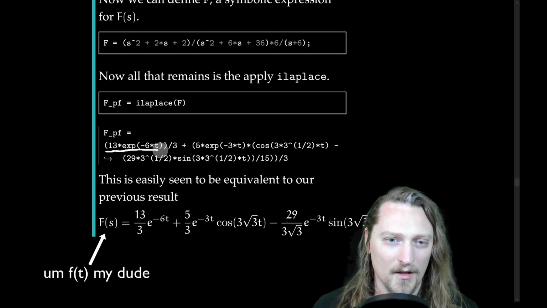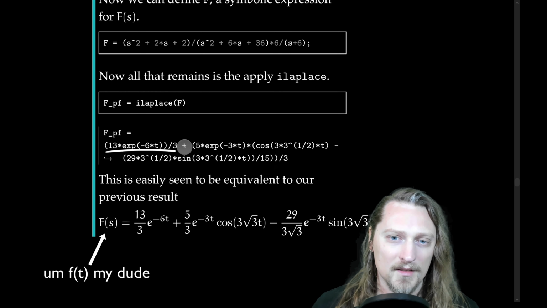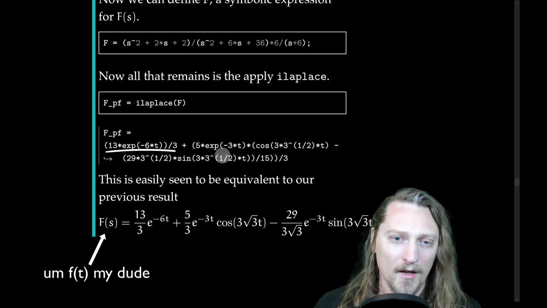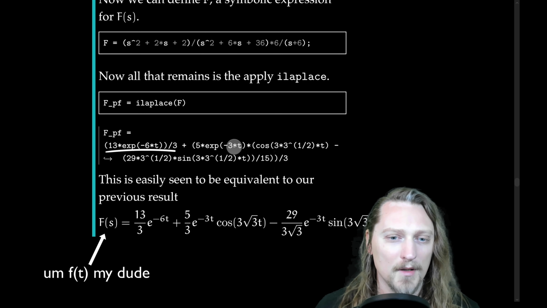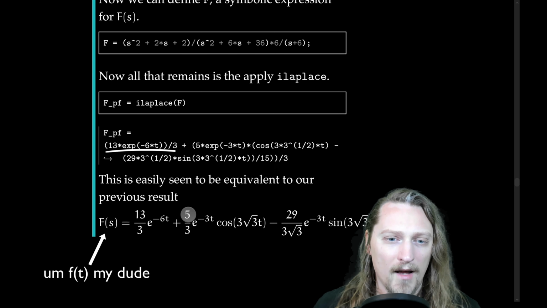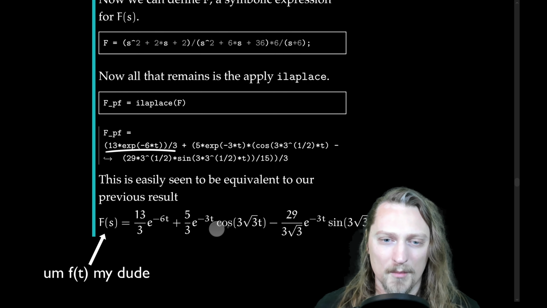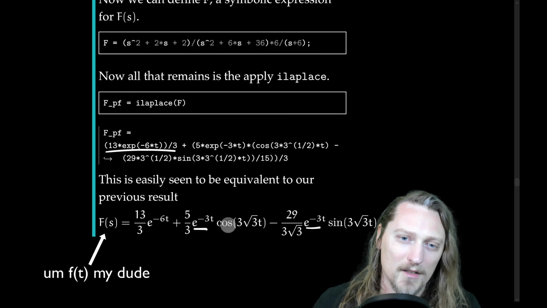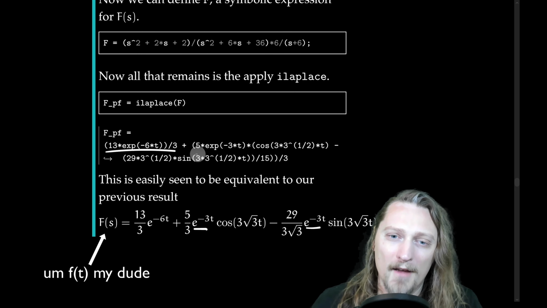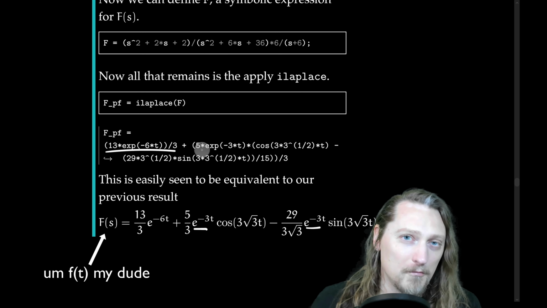That's this term here, right? Plus, and now we've got this exponential factored, and so is this 5. So we have 5 e to the negative 3t. The e to the negative 3t shows up in both of these terms, so we factor that out. We factor out the 5 too, which I wouldn't have done, but Matlab did it.